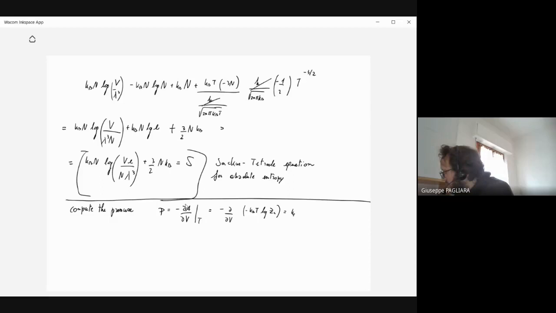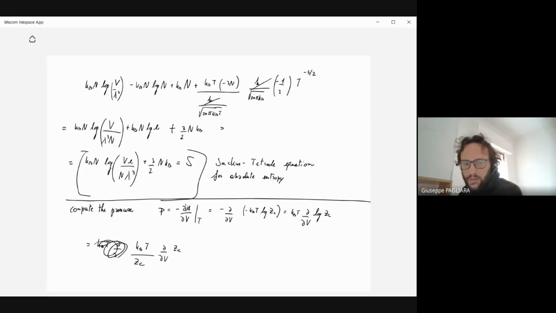So this is kBT derivative with respect to the volume of the log of Z, which is equal to kBT, 1 divided by Z, and then I have the derivative with respect to the volume of the partition function.